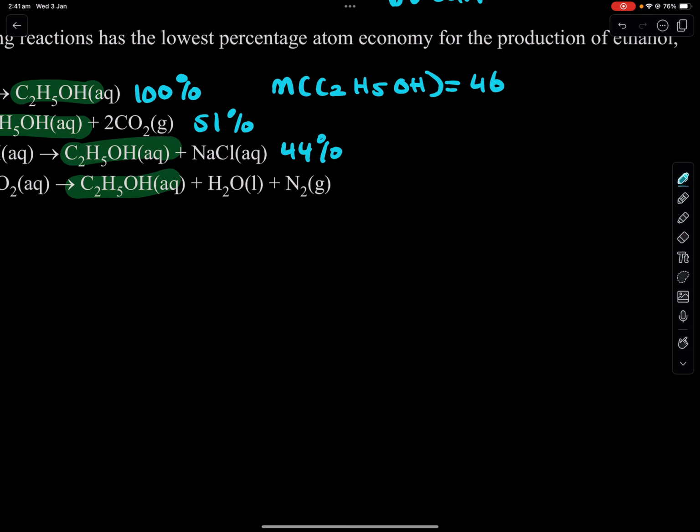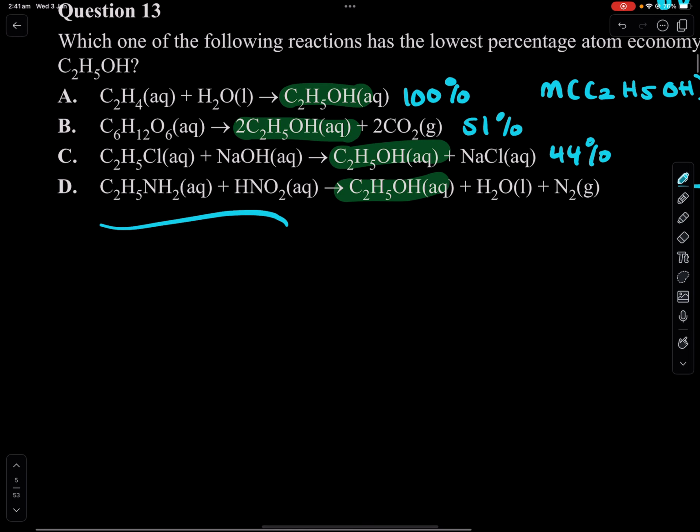Well, the last one is, again, ethanol. That's our desired product, which is 46, divided by what is this overall. So how many carbons again? We have 2 carbons, so 2 times 12, plus how many hydrogens? We have 5, 6, 7, 8 hydrogens, plus how many oxygens? We have 2, so 2 times 16. And how many nitrogens? We have 2 nitrogens, and if I'm not mistaken, nitrogen is 14.